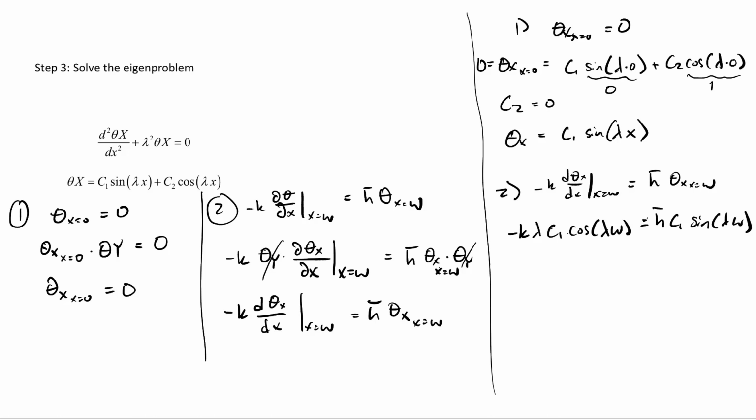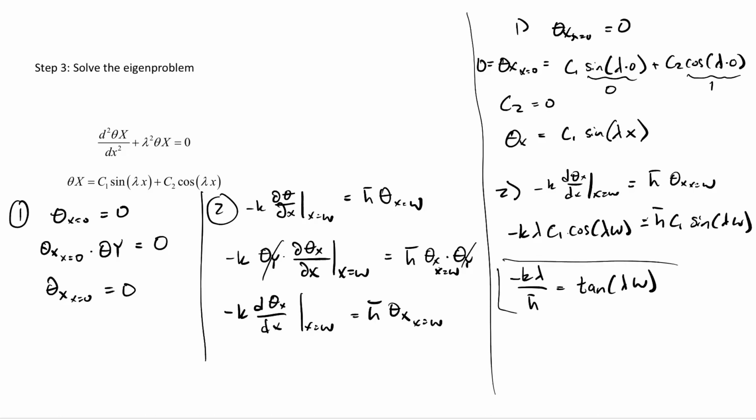Okay, we solve this out, and we end up with the eigencondition. So actually C1 goes away, and we end up with minus k times lambda over h bar, I should bring the h bar over, is equal to sine over cosine, or tan, of lambda times w.